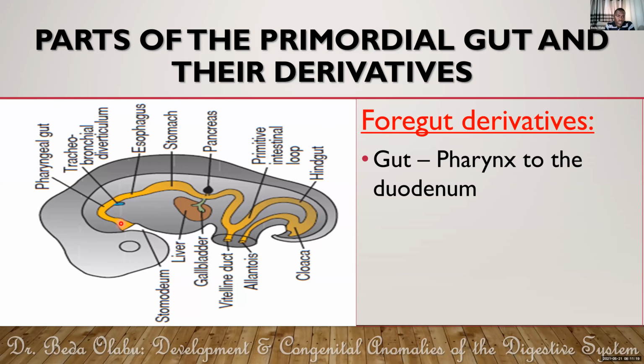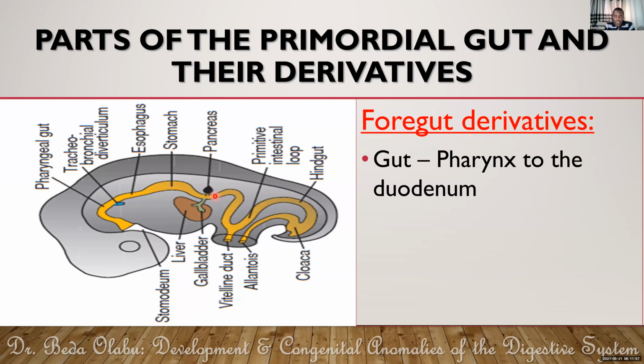So the pharynx, esophagus, then stomach, and then the proximal part of the duodenum up to somewhere there, just below the opening of the major duodenal papilla. And remember, the major duodenal papilla empties at D2. So just below that, that is the extent of the foregut.